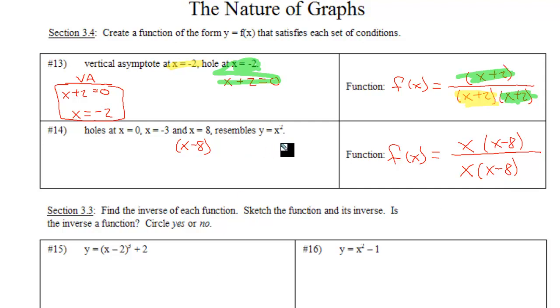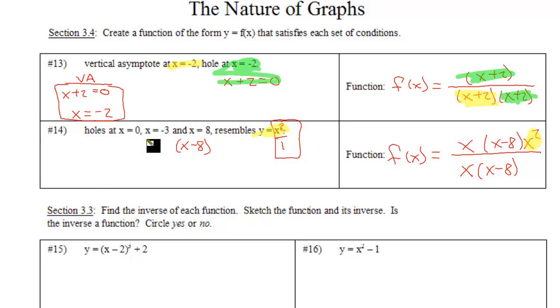If it resembles y equals x squared, as a fraction, x squared is x squared over 1. So you put x squared on the top, don't need to put 1 on the bottom because it's redundant. Here is your function.